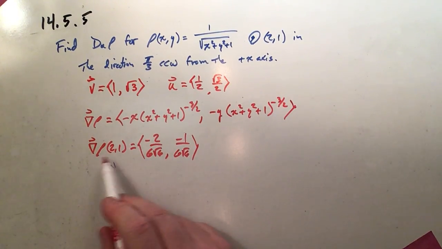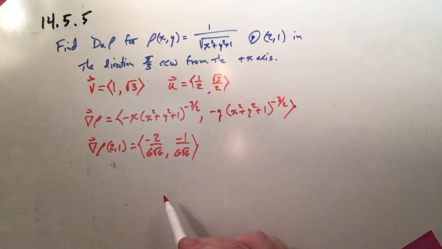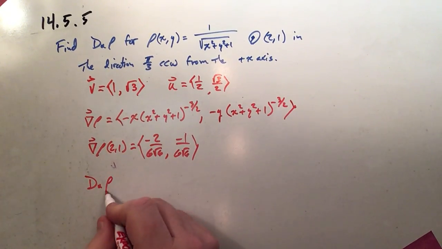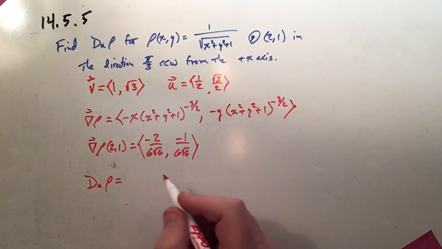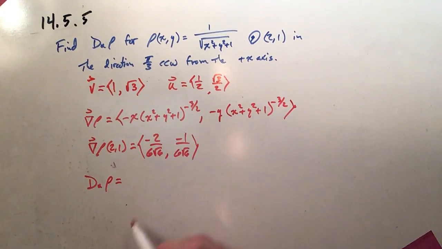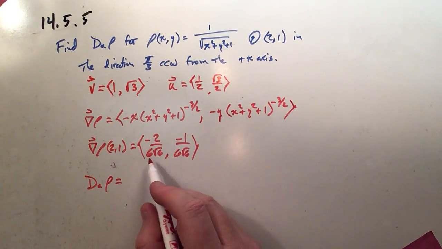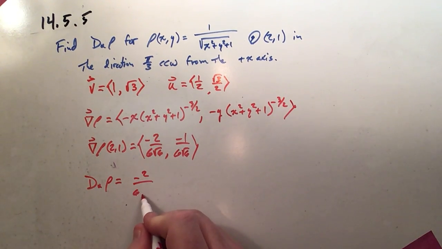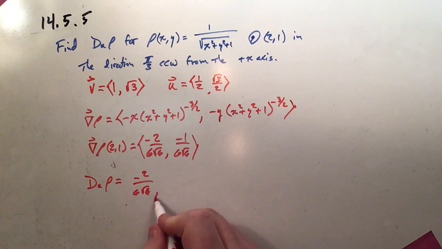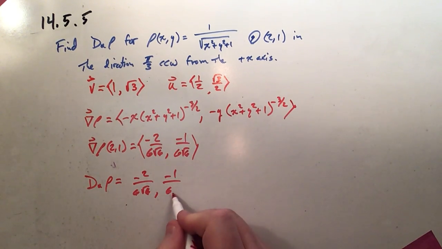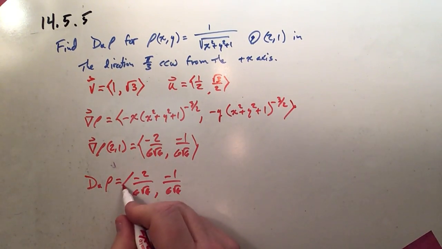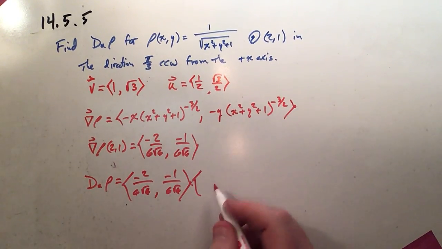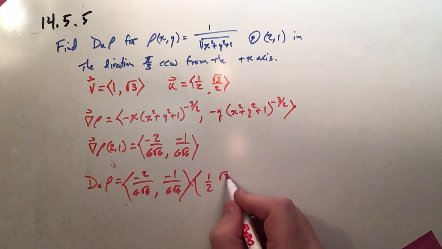Okay. So there's the gradient of rho, and there's our unit vector. So we just want to take the dot product. That will give us the directional derivative of rho in the direction of our unit vector. So the dot product between the partials is going to be negative 2 over 6 radical 6 with negative 1 over 6 radical 6, and then I want that vector dotted with 1/2 and radical 3 over 2.